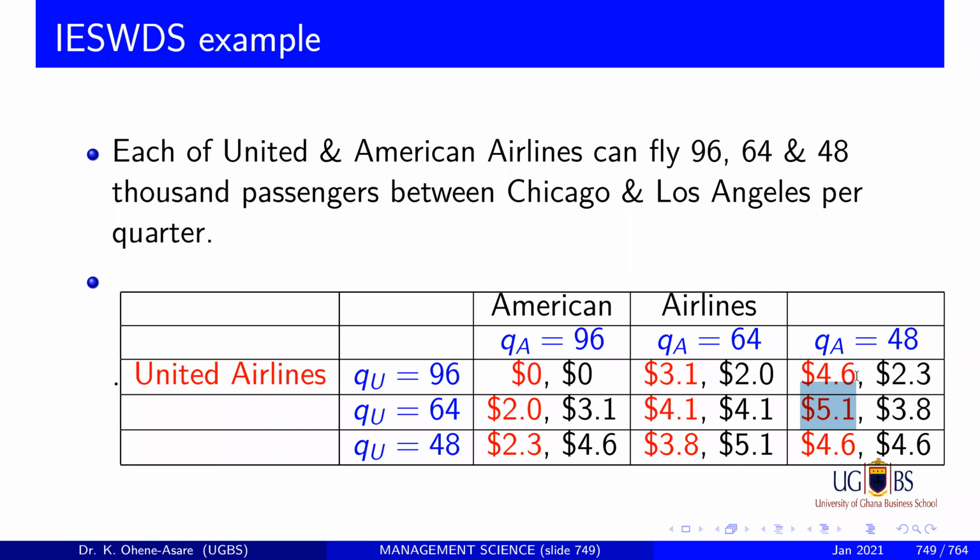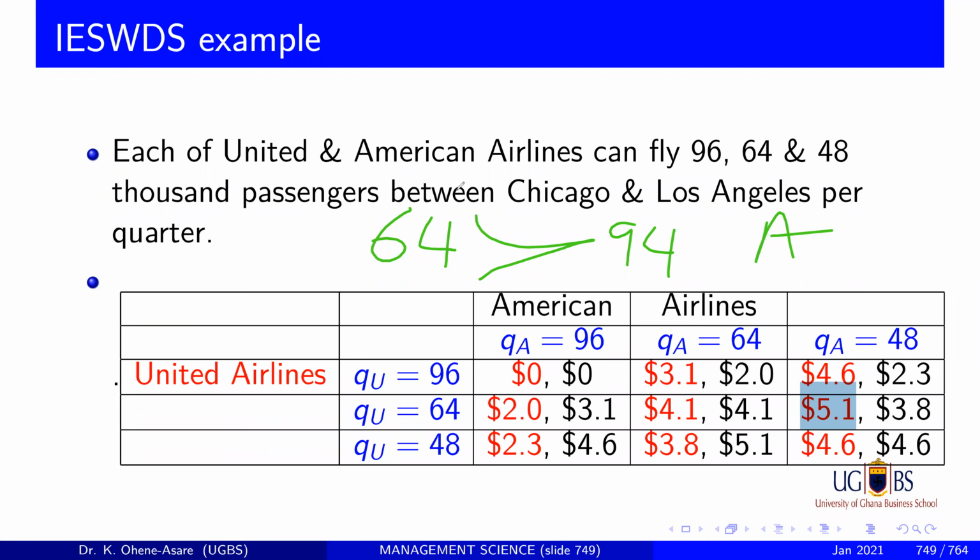So strictly speaking, let me write it here. For strategy 64, we write it this way: 64 strictly dominates 96 for American Airlines. So 64 strictly dominates 96.